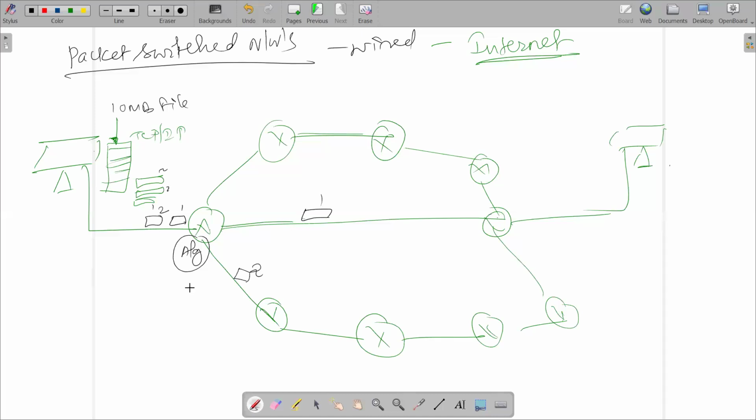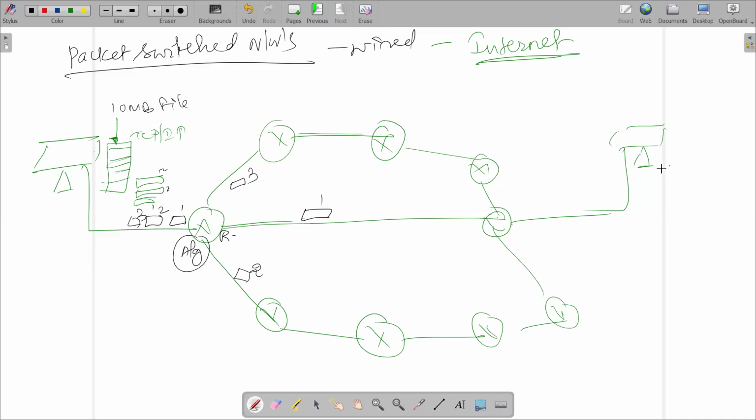So for the second packet, this router forwards it in this path. When the third packet reached here, it will be routed here. Let's take the shortest path.